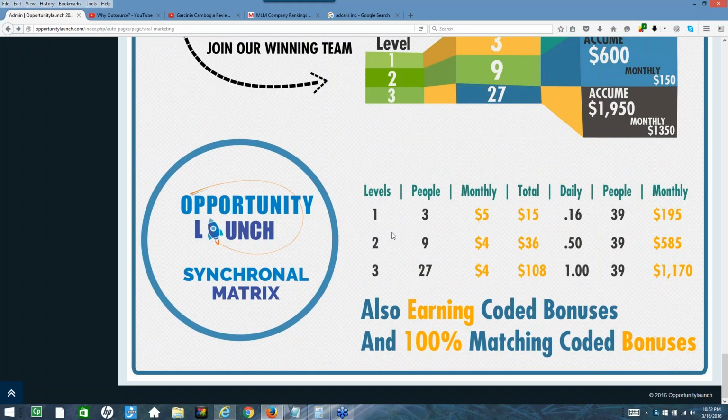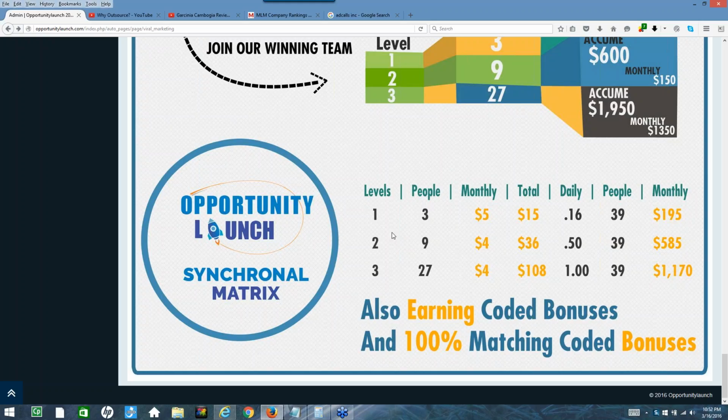So therefore, you're not in a position where you're bleeding out money every single month and trying to build a team only to see some of them not get the results that they want and then cancel, and then all of a sudden you no longer have access to your back office, you have no access to your tools, you're no longer in a position to earn any money. We've changed that model. Pay one time, be able to earn for life with our particular compensation plan.